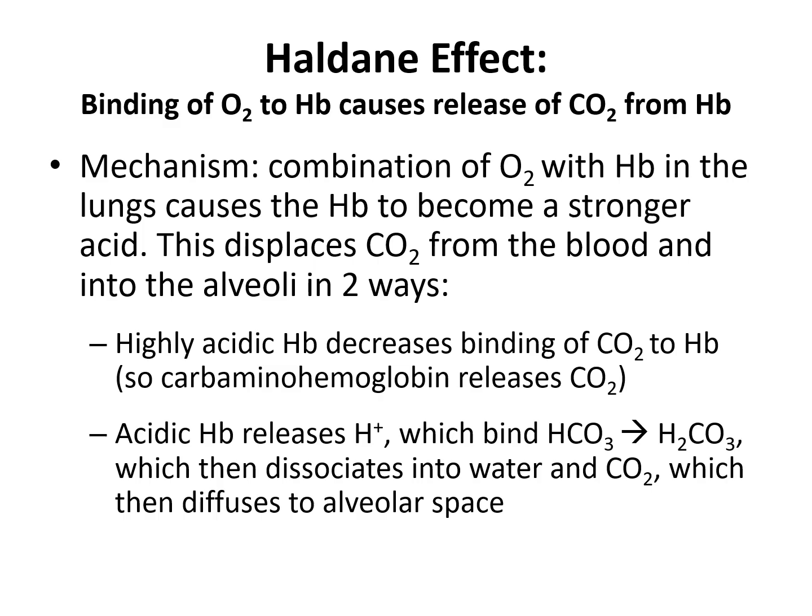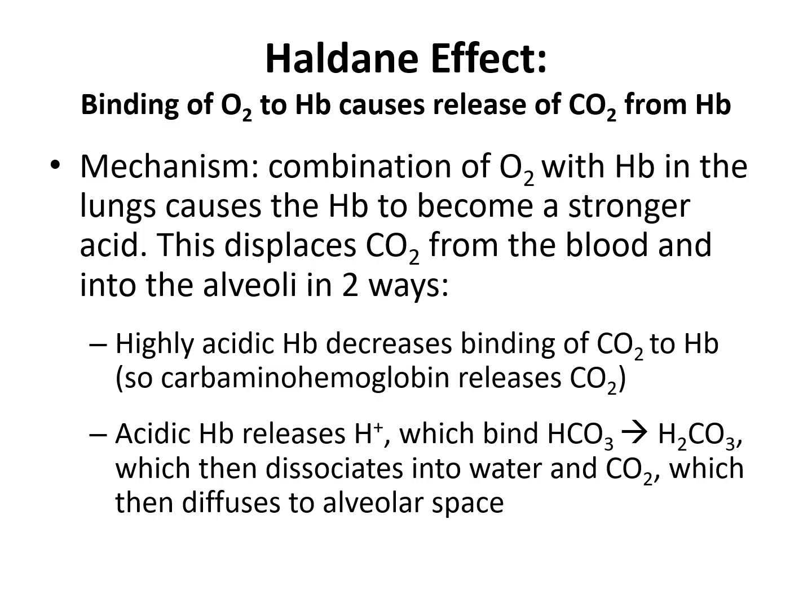So as a stronger acid, it will release the hydrogen that was bound in the tissues, and the hydrogen that was released then will bind to bicarbonate in the blood to form carbonic acid, which then dissociates into carbon dioxide and water, and the carbon dioxide gets washed out through the lungs. At the same time, the more acidic hemoglobin becomes less bound to carbon dioxide.